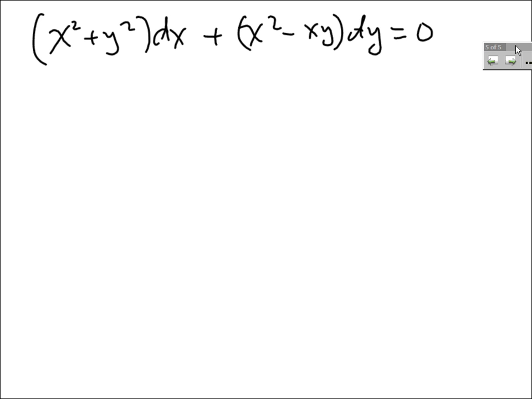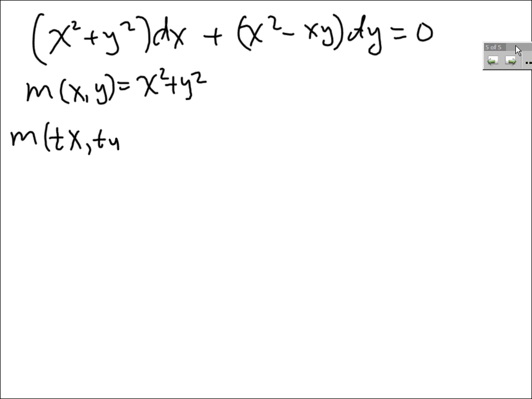But you know, as an exercise we will. As an exercise, we're just going to do just that. M of x comma y is equal to x squared plus y squared. So M of tx comma ty.